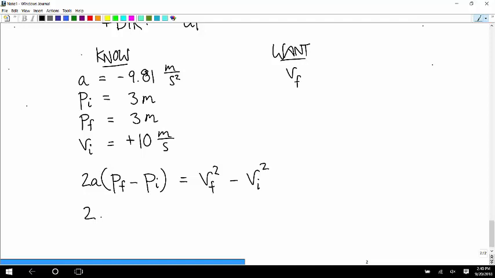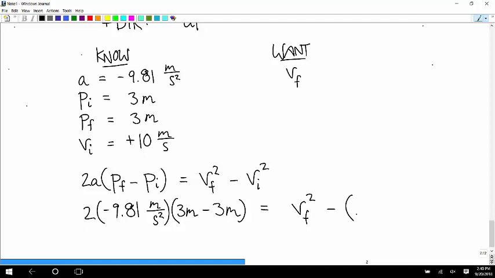So we have 2 times negative 9.81 meters per second squared times the quantity 3 meters minus 3 meters is equal to v final squared minus 10 meters per second squared.